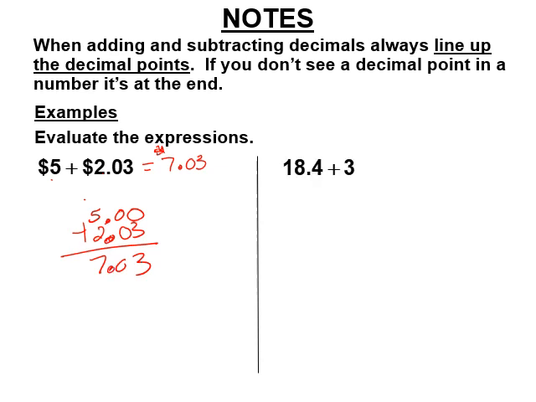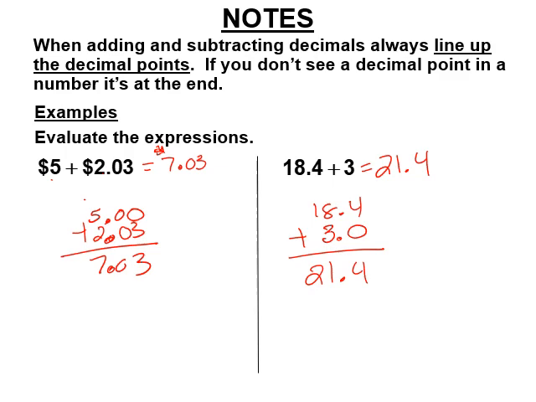Do that one. So it's 18.4 plus 3. So it's plus 3.0 or 21.4. Right, if I said $18.40 plus $3, no one would think it's $18.70.